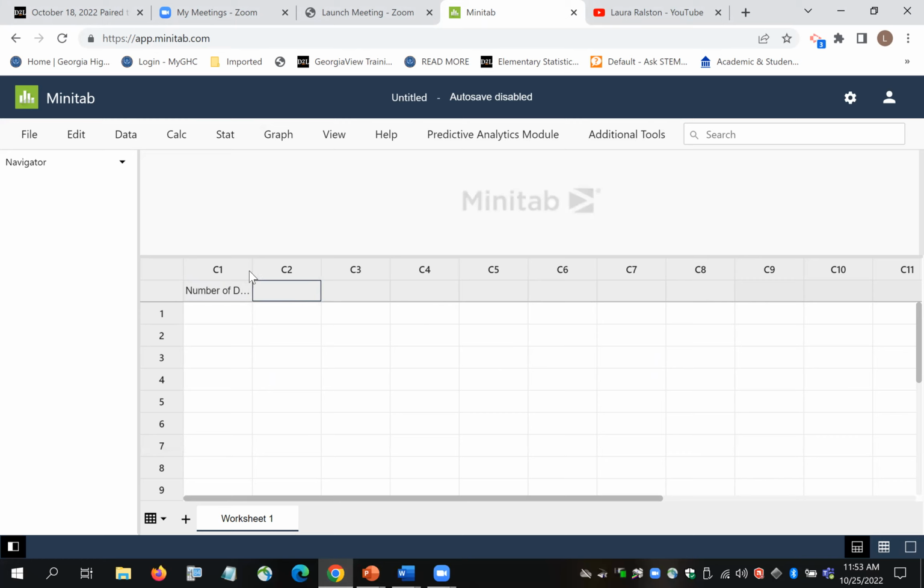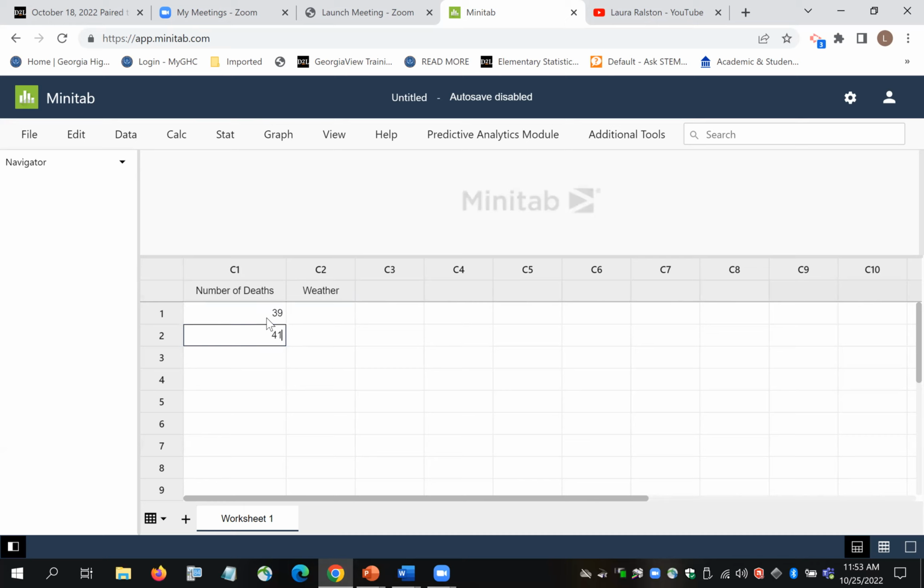Next to it, I'm going to put the coding system and put the weather. So for example, for lightning, I have 39, 41, 73, 74, 67, 68.